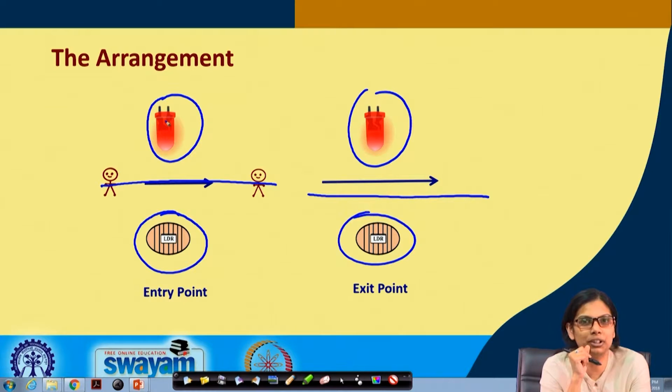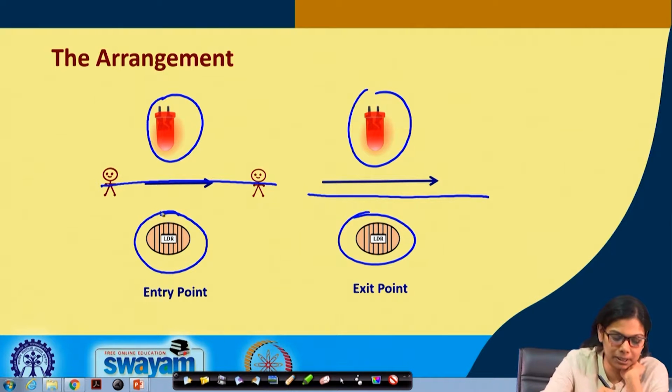Again, LDR could be used for many other applications. You can also use it to count the number of tablets, let us say you are putting them into a box. In that case, you can make a similar arrangement.